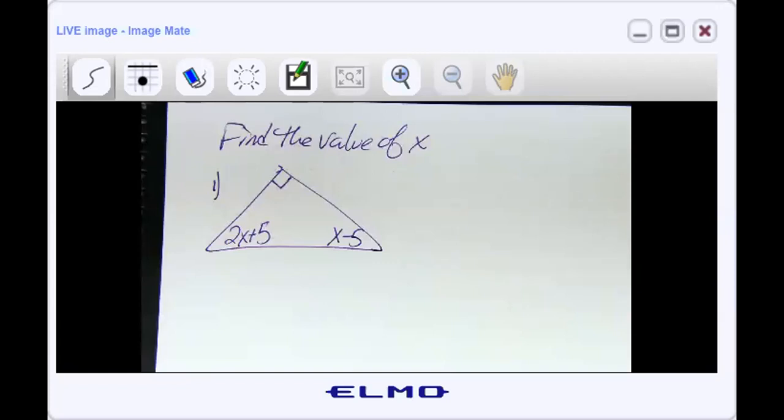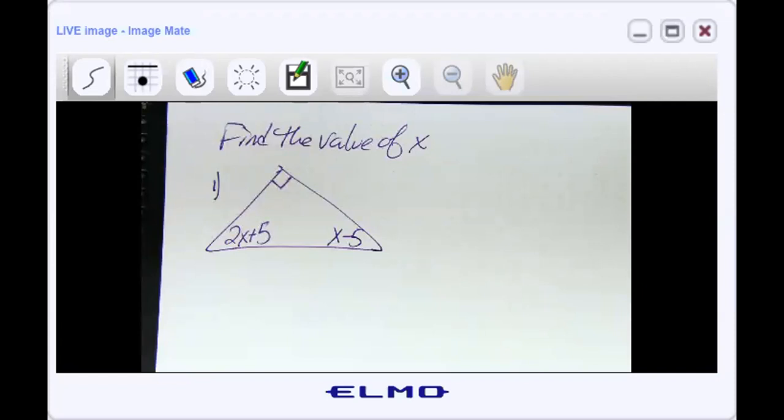Anybody else getting 30? I got 32. You got 30 as well? I'm still doing the math. I got 30. Okay, I'm hearing a couple of 30s.